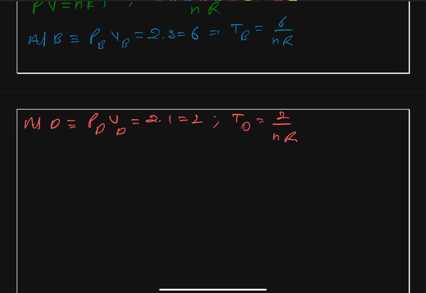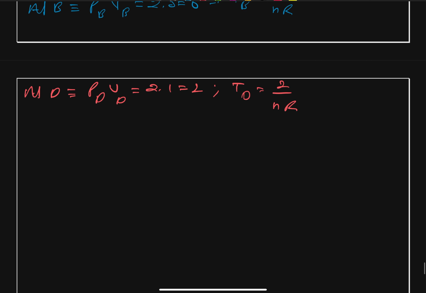So delta T for the BD process will be equal to temperature at D minus temperature at B. So we get 2 upon nR minus 6 upon nR, giving us minus 4 upon nR.